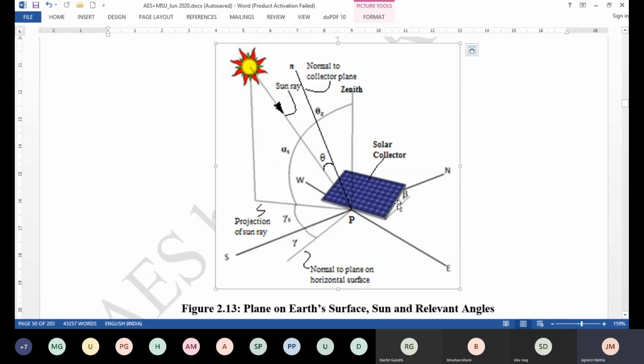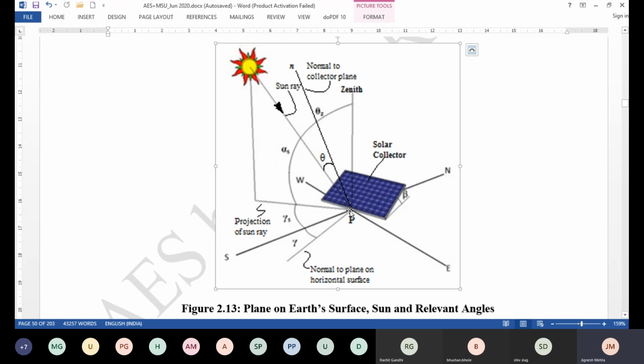So this is the tilt angle, the angle made by the collector plane with the horizontal surface. That is one angle that we are concerned about and would like to know to do the further calculations. Now other angles, we'll start talking about them one by one.